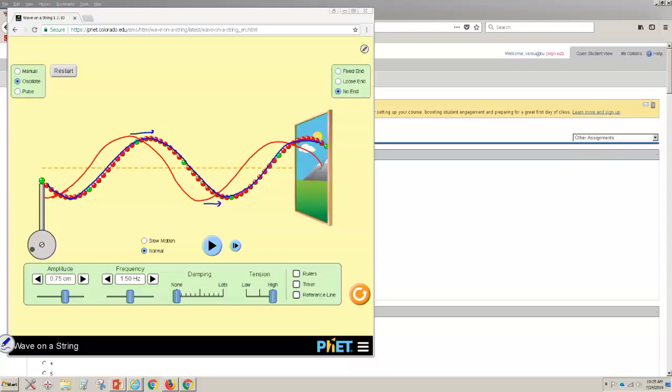How do we describe the motion? Velocity. Velocity equals distance traveled over time. But if we look at how a wave travels, it takes exactly one period to travel exactly one wavelength. So this is how we can calculate the wave speed, the speed a wave travels: wavelength over a period.